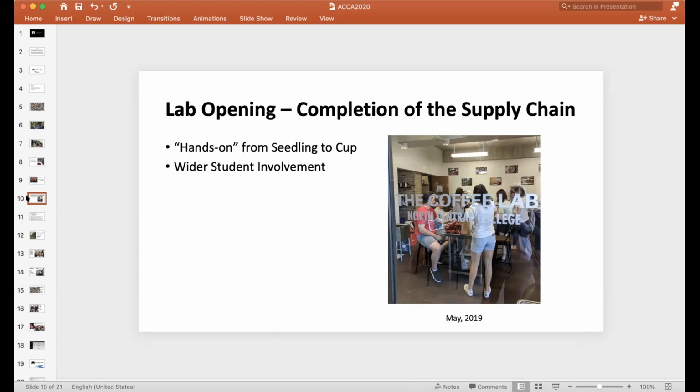They've always been excited about coffee and the industry, but opening the lab gave them something physical to see, and I think it really increased our potential for helping them understand the other portions of it as well. So this is the physical part, but they also get a much better understanding of Guatemala and the suppliers and our customers because of this.